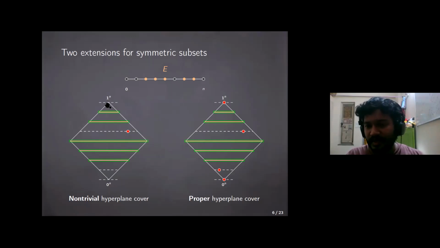So as we shall see a little bit later, the closure of any subset will always look like the set itself and a few initial layers and a few final layers. A few layers from the bottom, continuous, and a few layers from the top, continuous. Every closure of every symmetric subset will have this form.